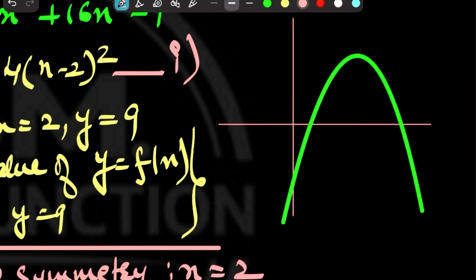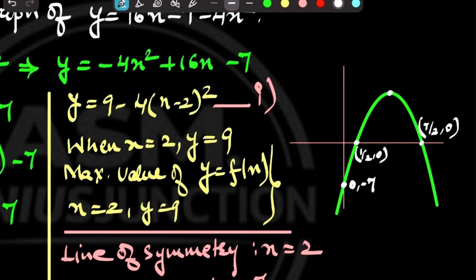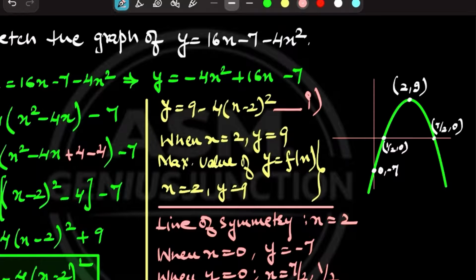The points of intersection which we have calculated are 0 comma -7, half comma 0, and 7 by 2 comma 0, and the point of maximum is calculated as 2 comma 9, right? Please don't forget to mention that this is your x axis and this is your y axis, right?